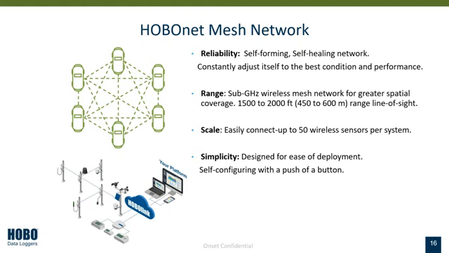We utilize 900 megahertz radio technology. It's that mesh network, and let's just say you have a site with a main station, you can get up to 1,500 to 2,000 feet line of sight from that station, but you can hop up to 5 times.